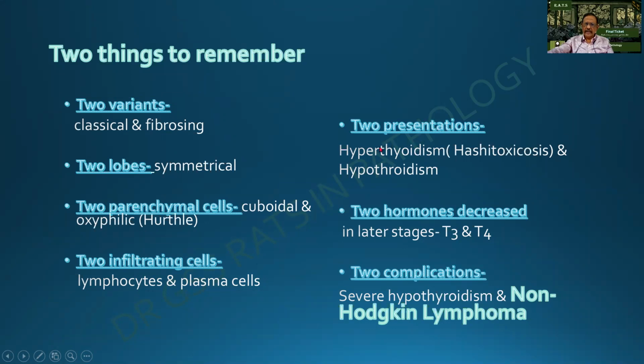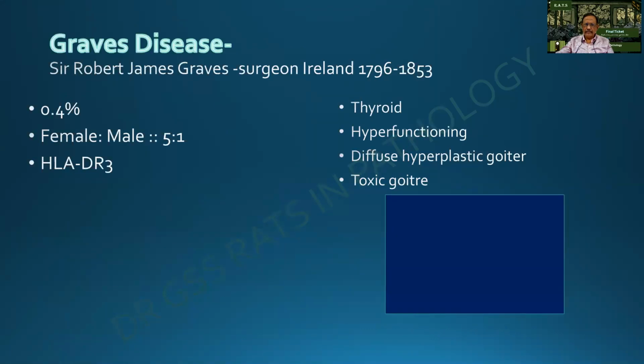Two modes of presentation, hyperthyroidism initially and hypothyroidism later on. Two hormones are decreased, T3 and T4. Two complications. It is the usual hypothyroidism, but more important is the non-Hodgkin's lymphoma. Please remember these two things.